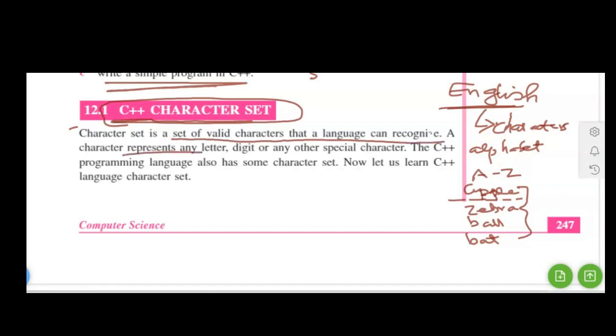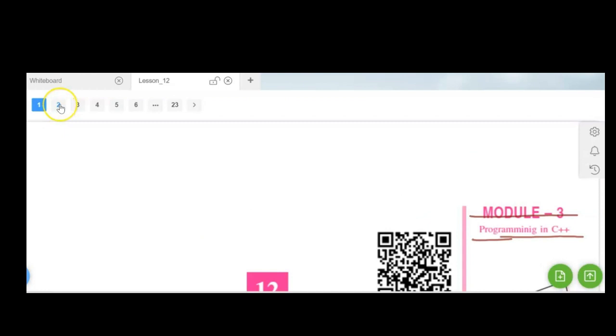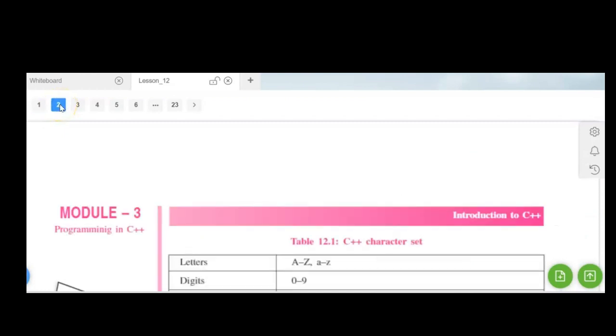A character represents any letter, digit, or any other special character. The set of all these things is known as the character set.